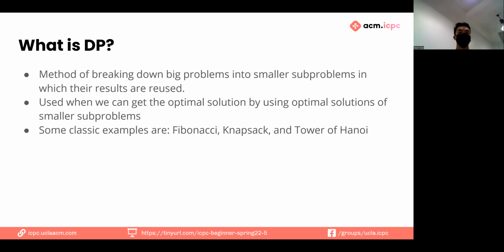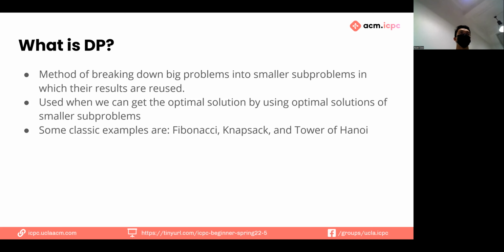So what is DP? Generally, it's a method of taking a more difficult problem and solving it by first solving smaller problems that compose it, and then putting those answers to the smaller problems together to solve the original problem. You can't apply this to all problems.